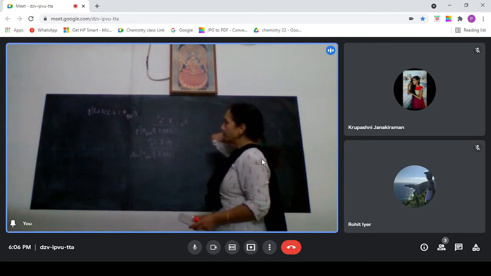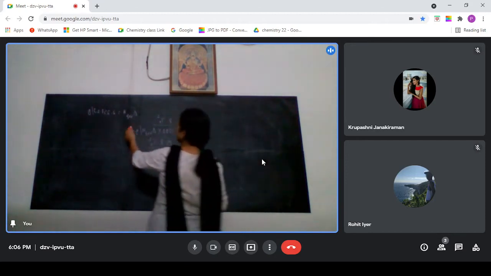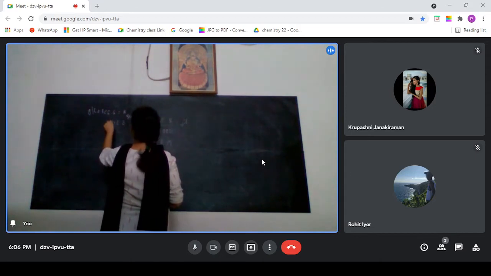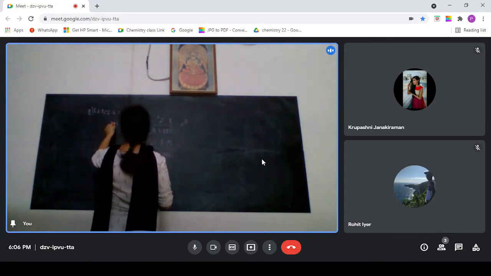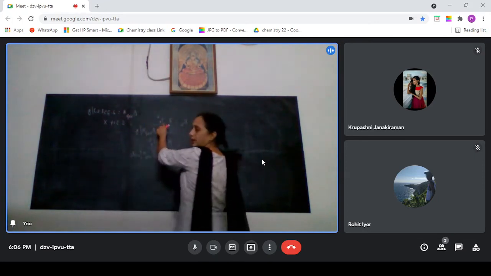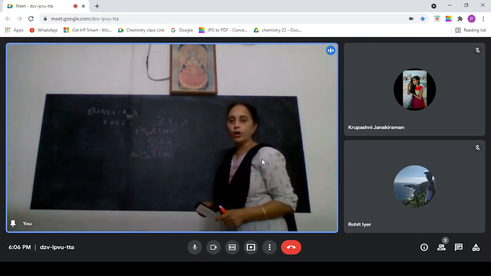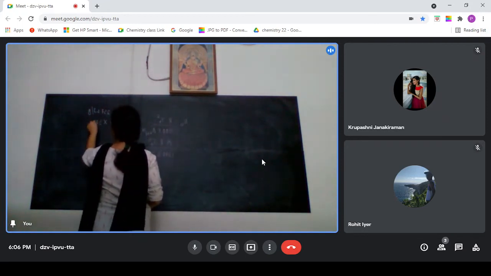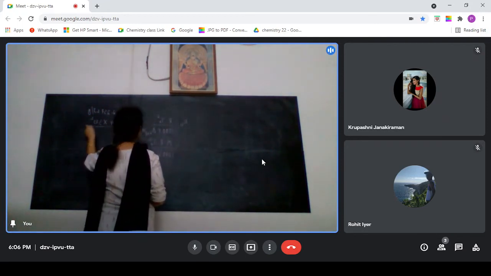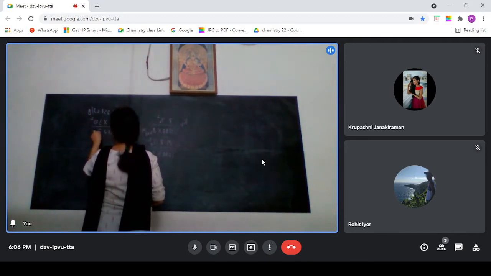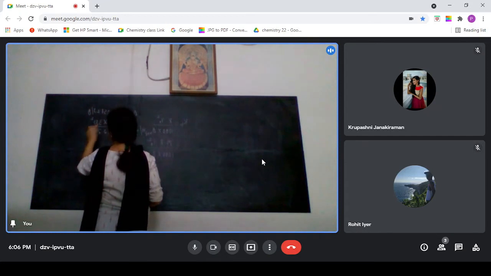Here, since they are given per gram, you just substitute this. R is 8.314 joule per Kelvin per mole. The temperature also has to be in Kelvin. Boiling point of water is 373 Kelvin, so 373 square by 1000 into 2.257.